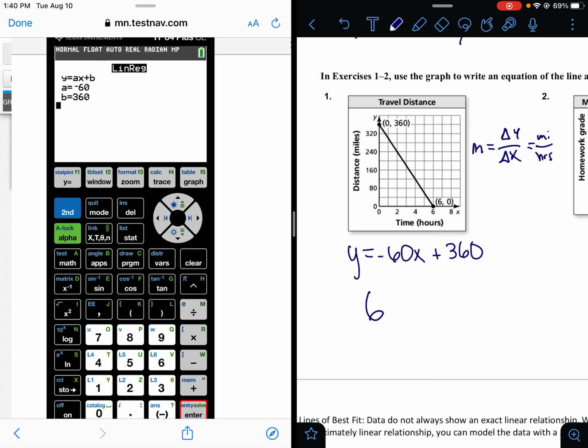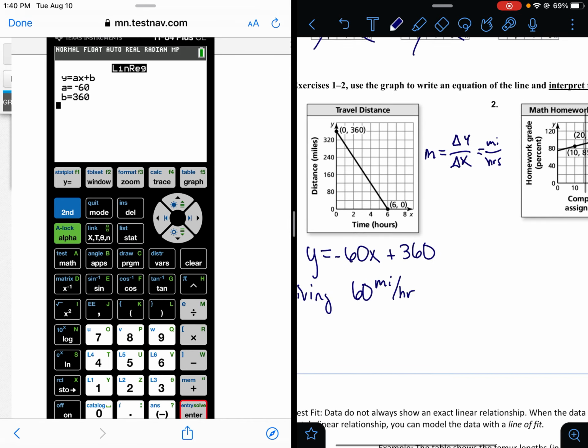So essentially, you're driving 60 miles per hour, or mph, however you want to do that. Or you could also say your distance from home is decreasing by 60 miles per hour as well.